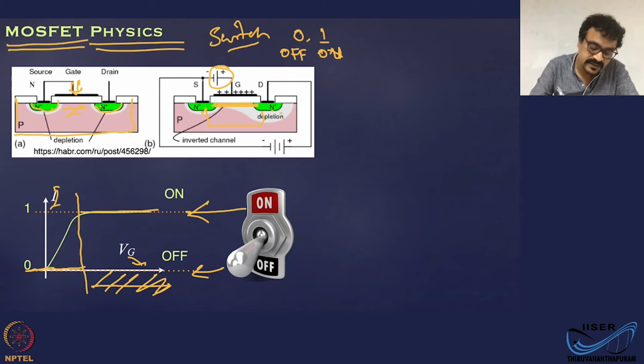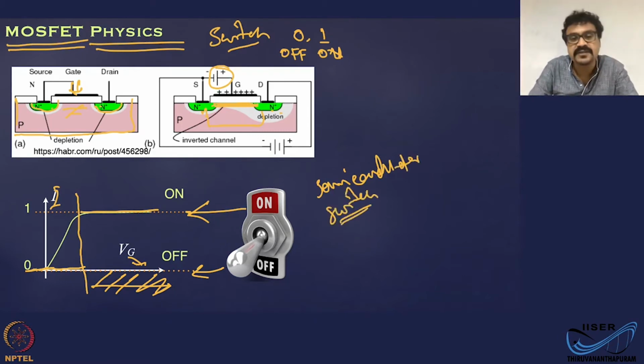So it's actually a semiconductor switch. That's what it is. It has actually two states, on or off, or 0 or 1. And this is what is there in all the processors or all the technology that you're seeing today. This is responsible for the zeros and ones in your computer or laptops or cell phones or whatsoever.